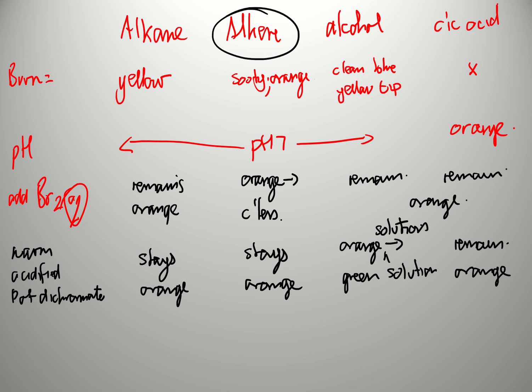Okay, so we've got rid of our alcohol. What about our carboxylic acid then? Well, we have a couple of tests for our carboxylic acid we could use. We could add some solid sodium carbonate, or whatever carbonate, magnesium carbonate, a metal carbonate.